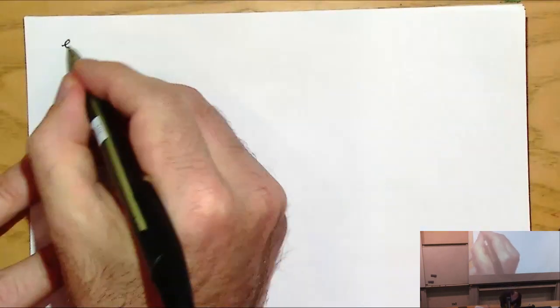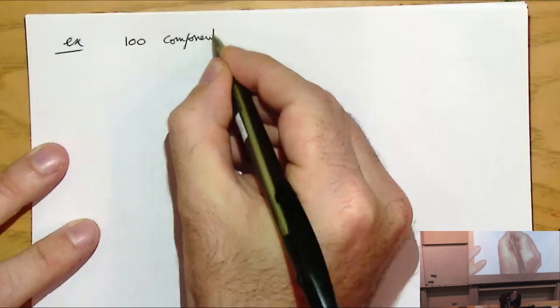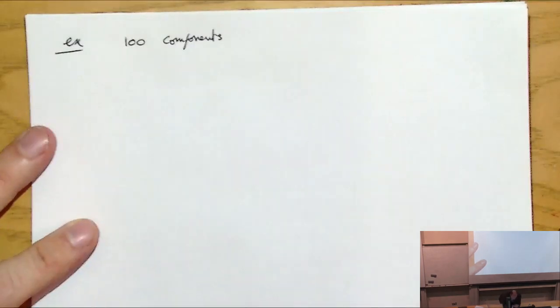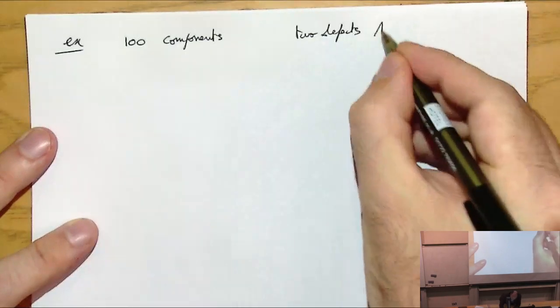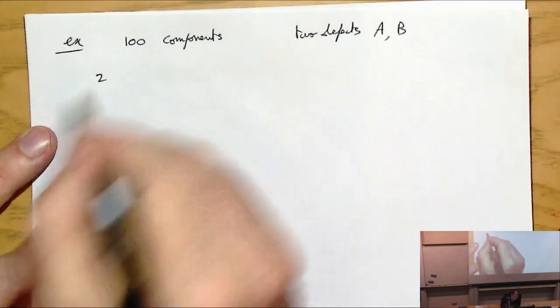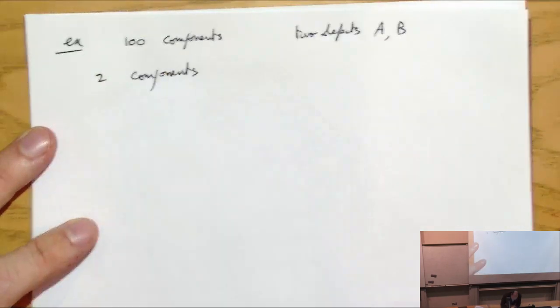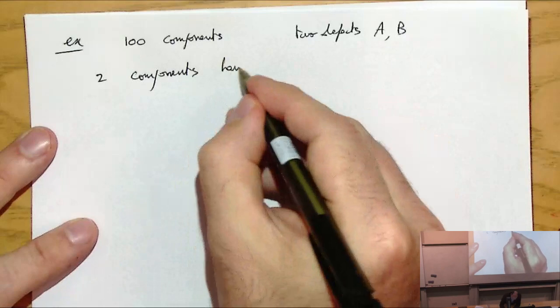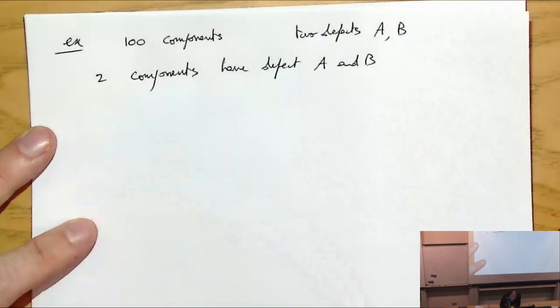So let's imagine that I'm looking at components and I have 100 components, and those components may have two possible defects, a defect called A and a defect called B. And what we know is that two components have defects A and B, right?